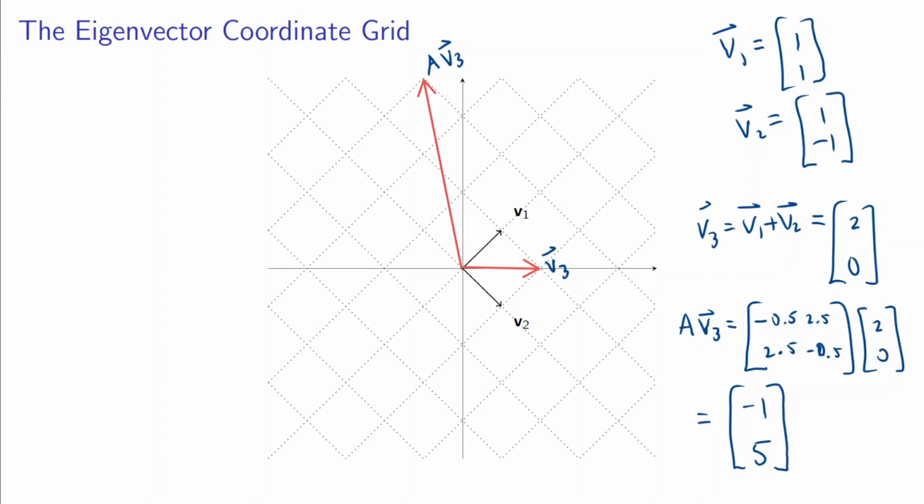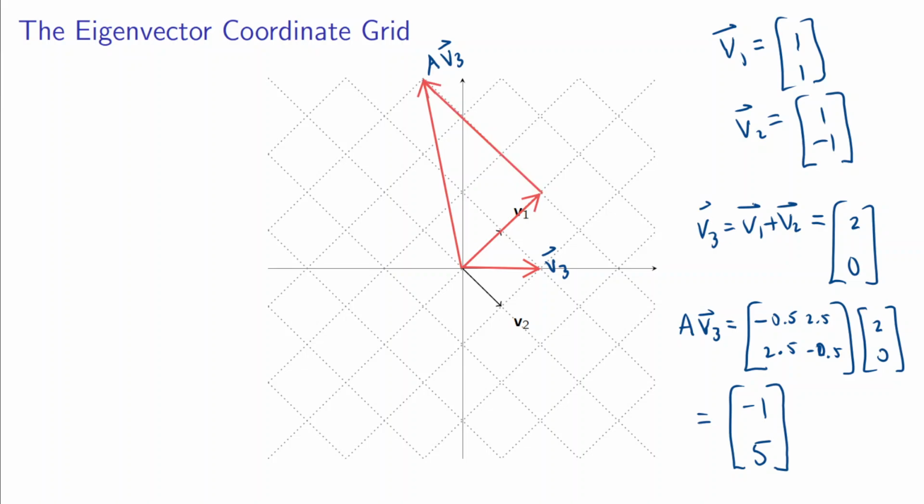And what I want to do is look at what Av3 is if we think of it as a linear combination of v1 and v2. What you can see here is that we can get to Av3 by going 2v1 and then minus 3v2.